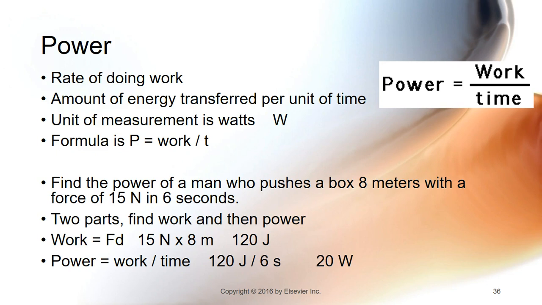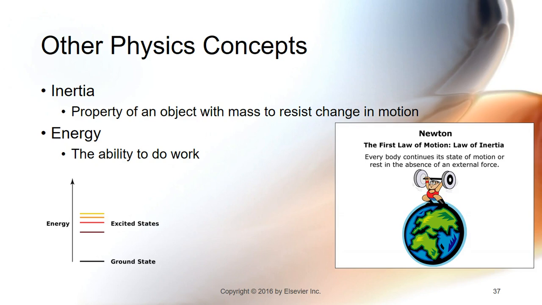Now, once you have all of these derived quantities, I also want you to think about these concepts: inertia and energy. Inertia is the property of an object that resists change in motion. That means that mass is a measure of the amount of inertia that a body possesses.